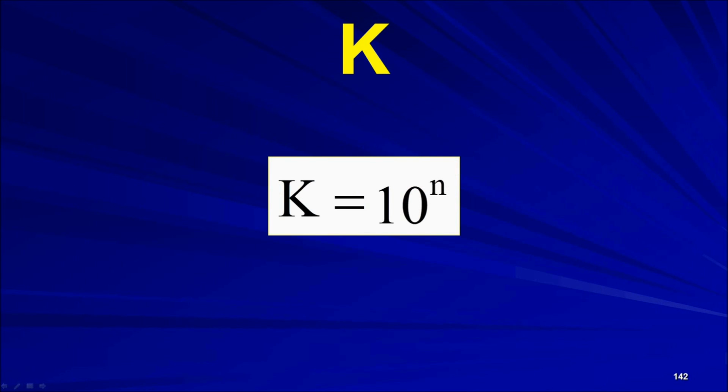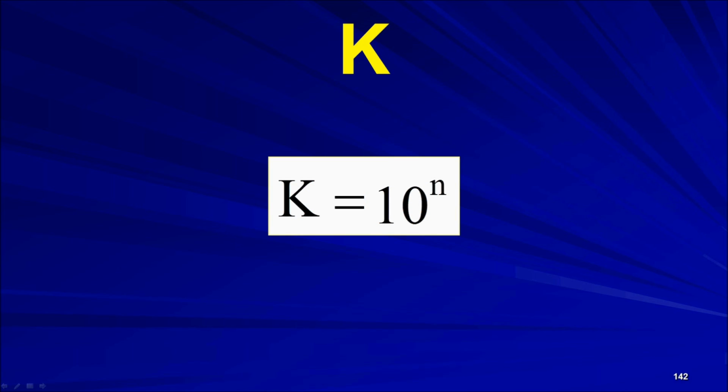Now, k is to the power of 10. So you can have 10 to the fourth power. And let me just give you an example, because I know many of you have been away for a while. If I had 10 to the fourth power, you'd multiply 10 four times. So you'd multiply 10 by 10 by 10 by 10, which would give you 10,000.